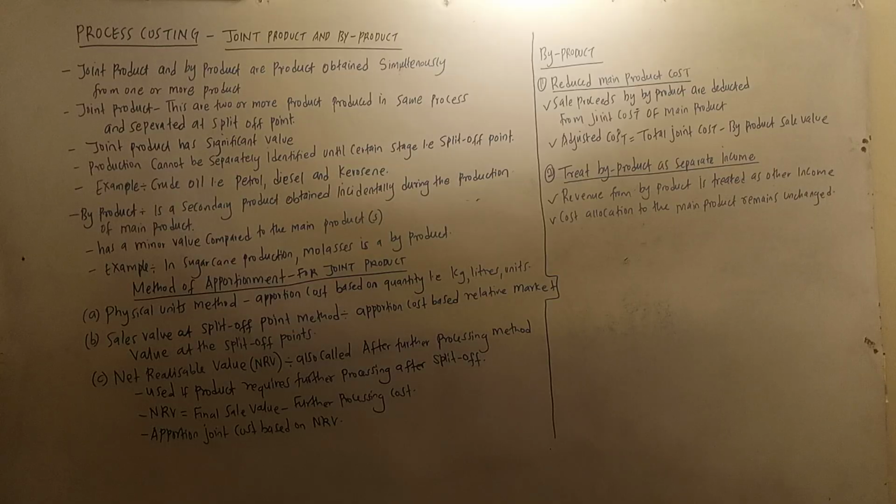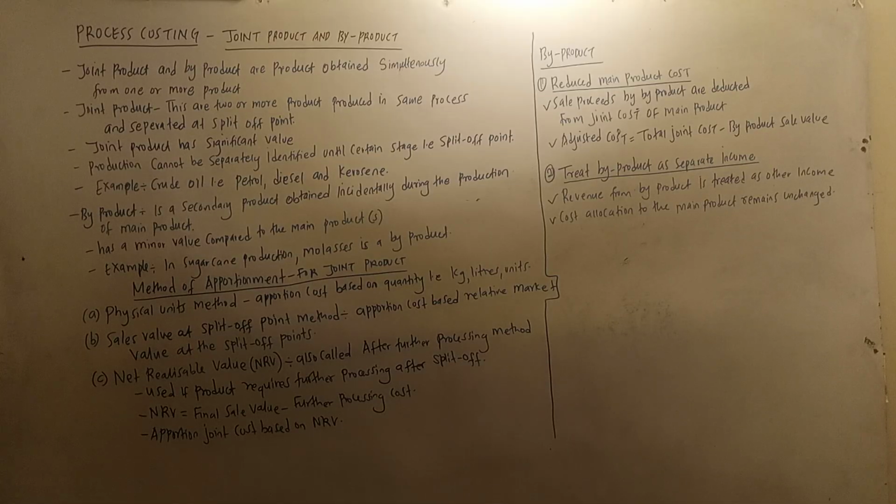We have the physical units method, where we apportion the cost using quantities like kg, liters, and units. Then we have sales value at split-off point, where we apportion cost based on the relative value of those items at the split-off point. Then you have the NRV, the net realizable value, which we also call the after further processing method.